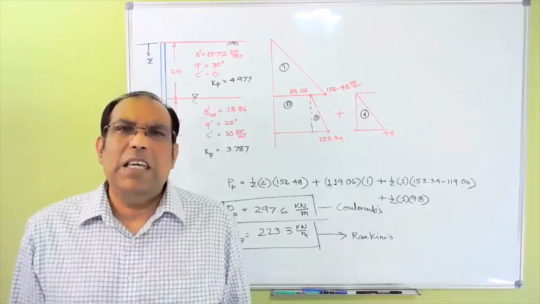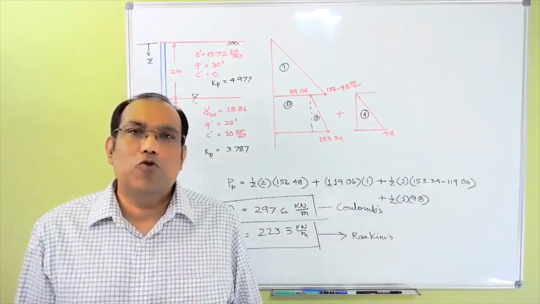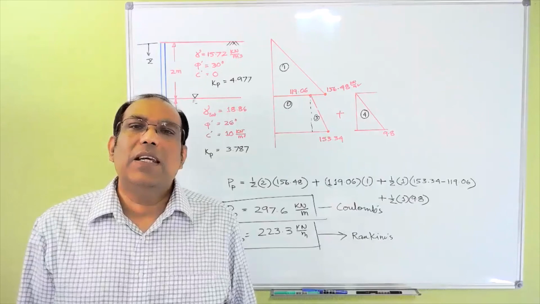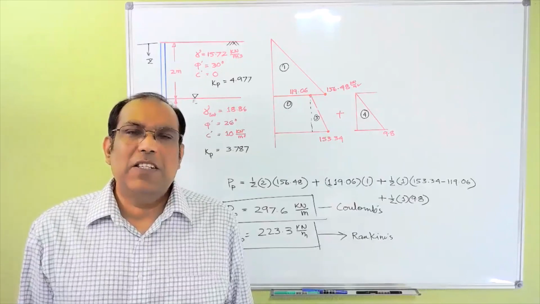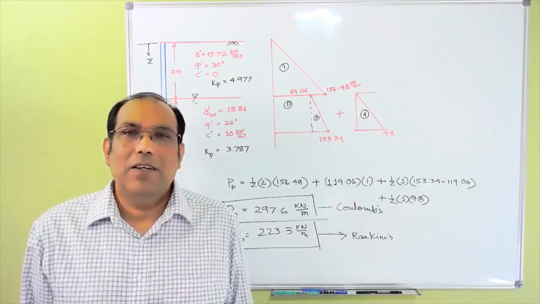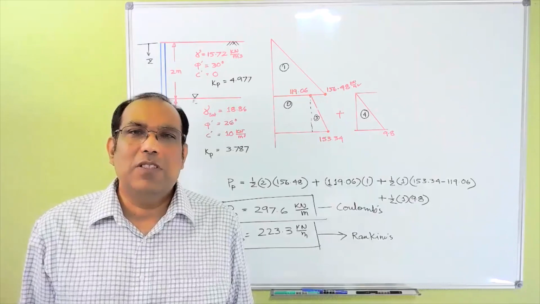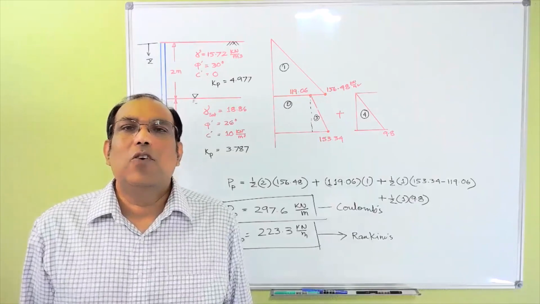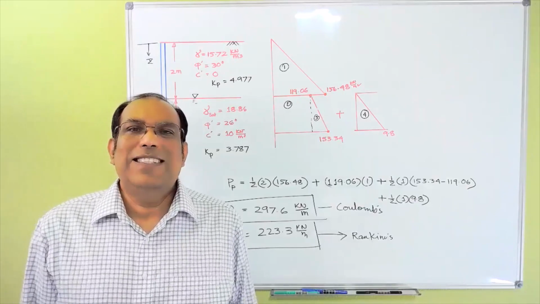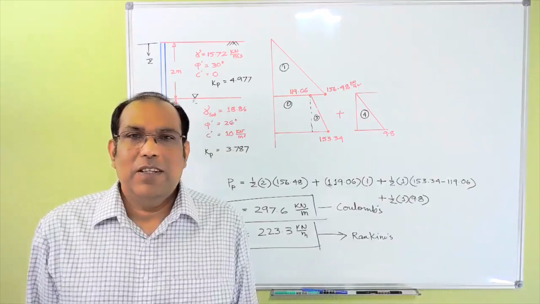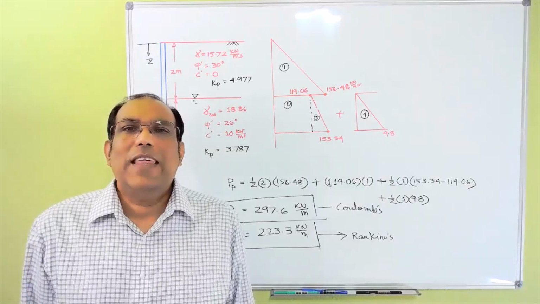So all the time, usually, Coulomb's method show a little bit higher pressure than Rankine's method. Okay, so many times there is a criticism that Coulomb's method is a little bit over conservative. Okay, so thank you for watching.